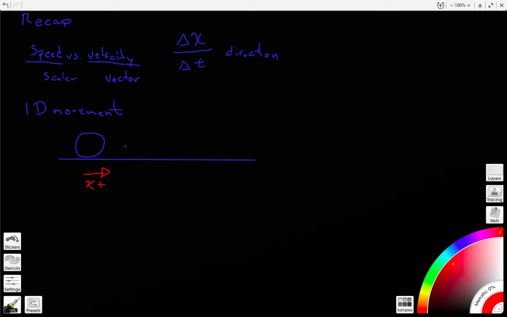And since we're only moving in one direction, we don't care about anything going in this direction or on the plane, right? We are only working on this direction. So once we specify that positive is going to the right and negative thus is going to the left, we have enough information to evaluate the velocity of this particle here.